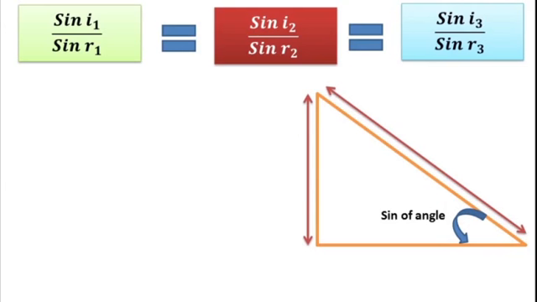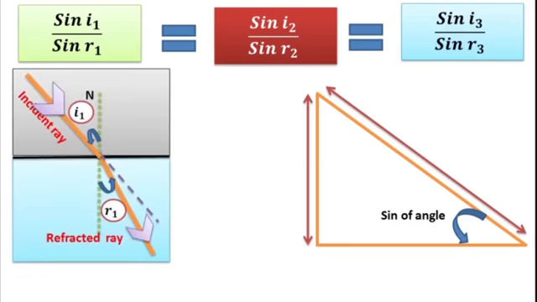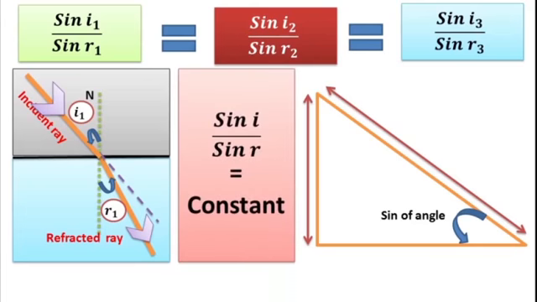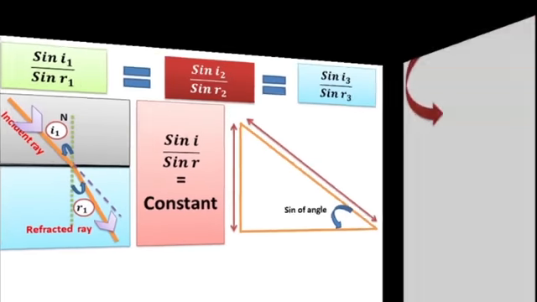So, whatever angle we take as the angle of incidence for a pair of mediums, please note we should not change the medium here. The ratio of the sine of the angle of incidence to the sine of the angle of refraction is a constant. So let us define.